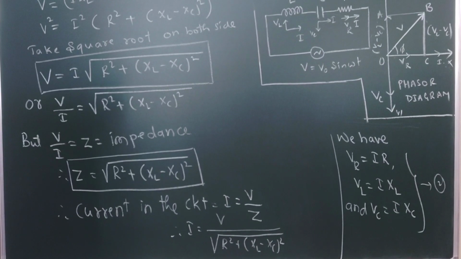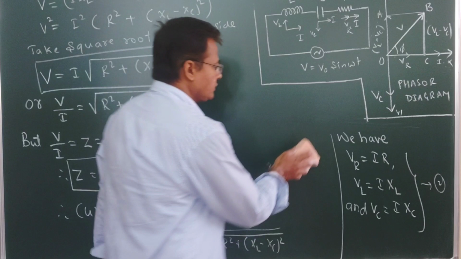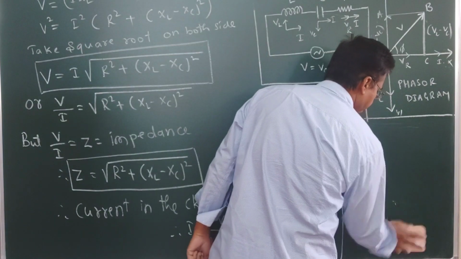To find the phase angle phi, we are again using the right angle triangle OBC.